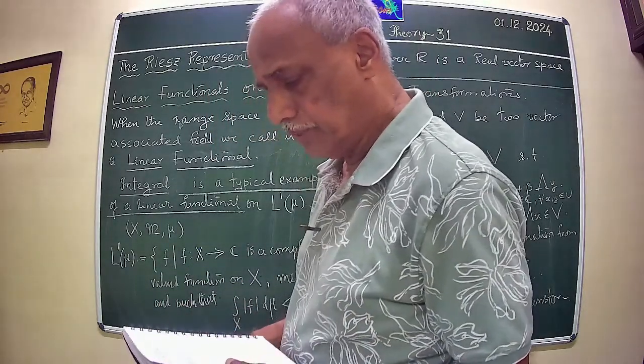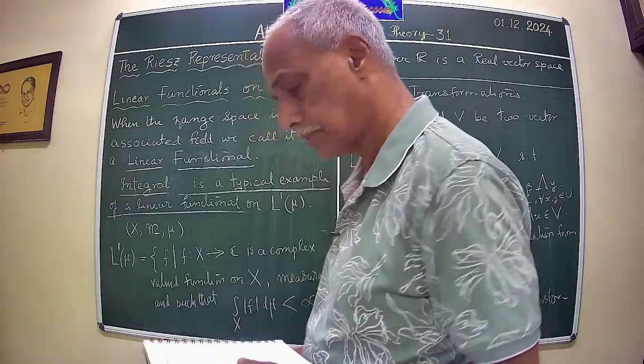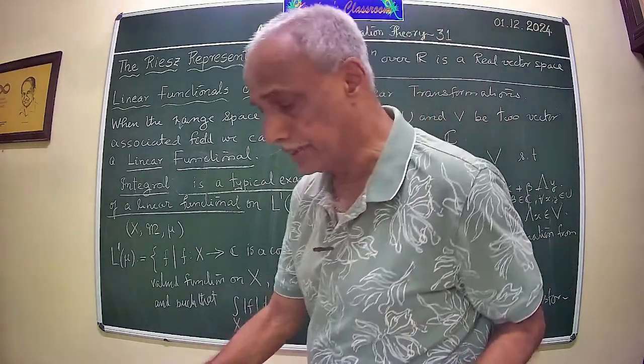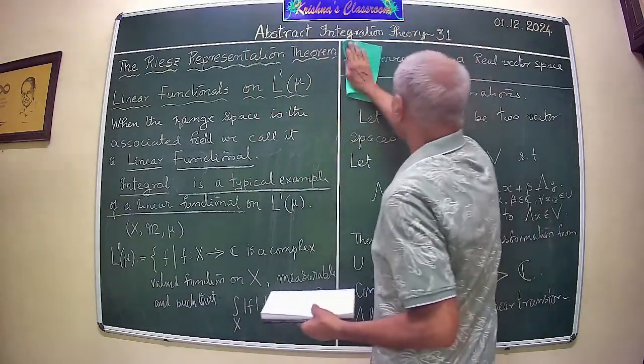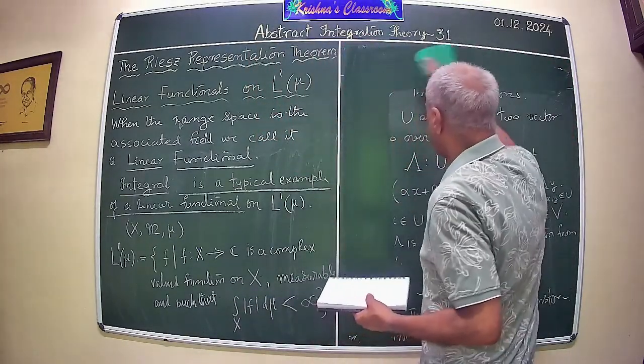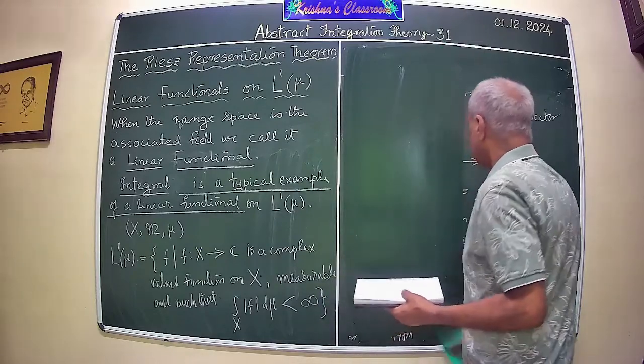Then what you can prove is that, now here you see, just make an observation. If f is measurable, mod f is measurable, and therefore the integral makes sense.